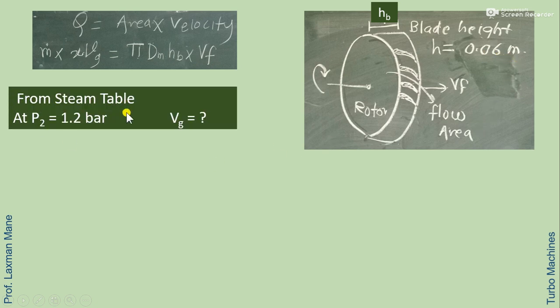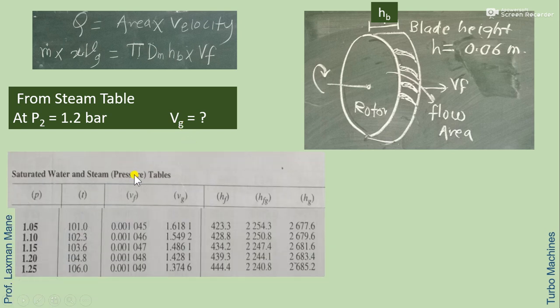Now from steam table, for the value of P2, the corresponding value of specific volume we have to find. So we use the steam table. This is a pressure column, already we have discussed this. This is the specific volume column.